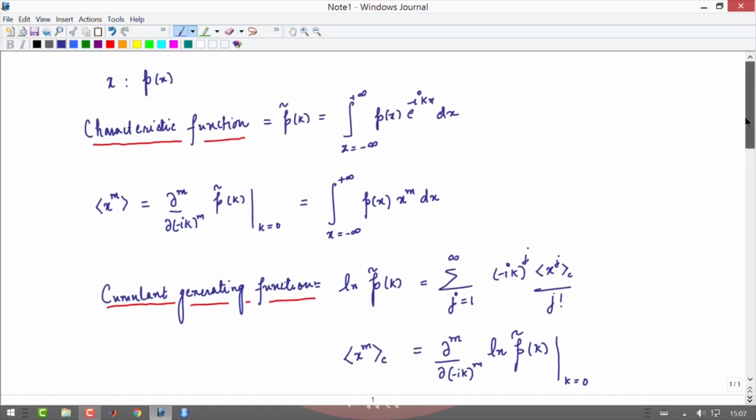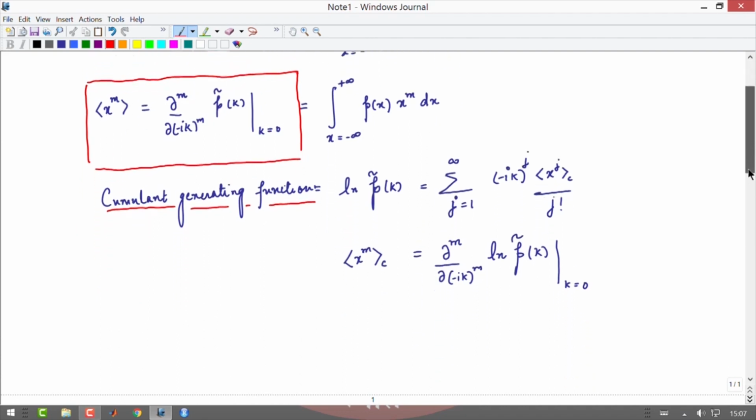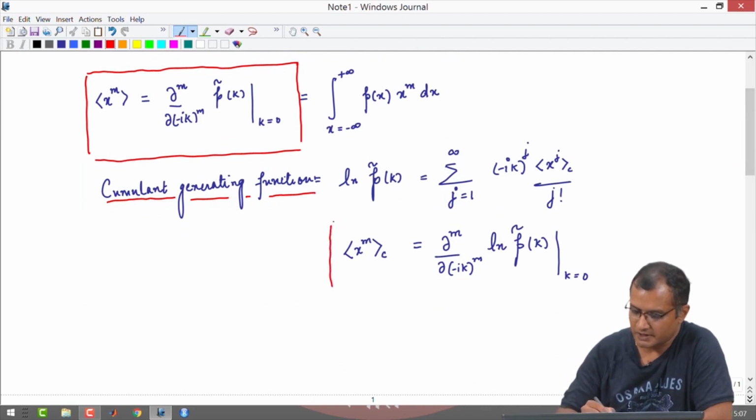So, you now have two powerful expressions. One is the computation of moments using the moment generating function, and the second is the powerful method of computing cumulants using the cumulant generating function.